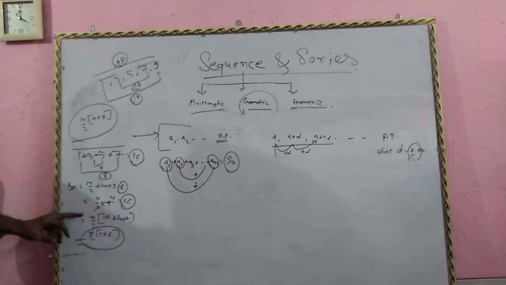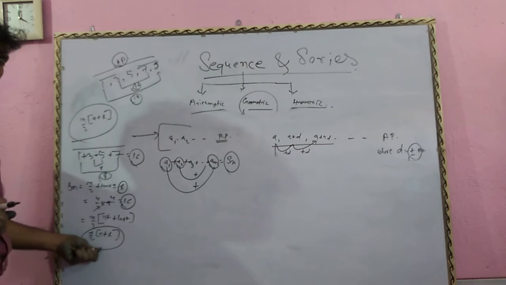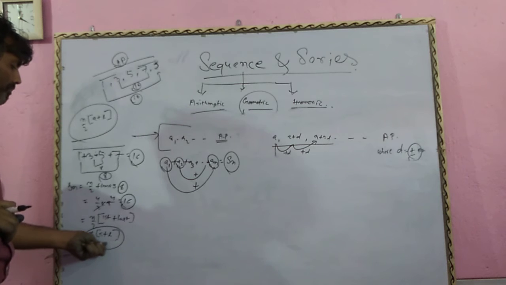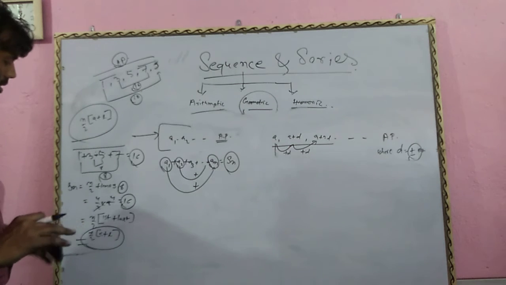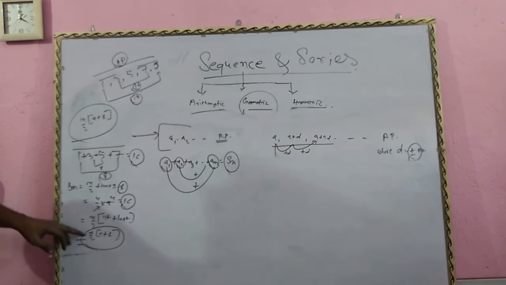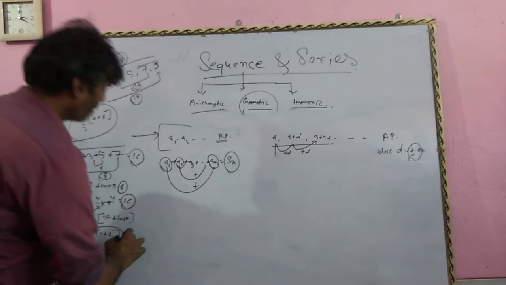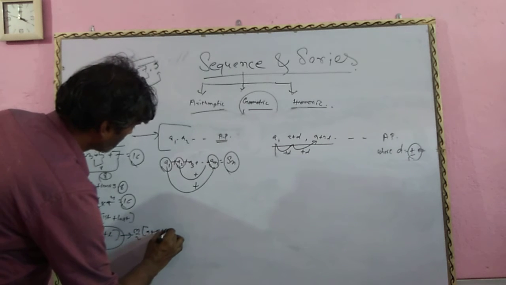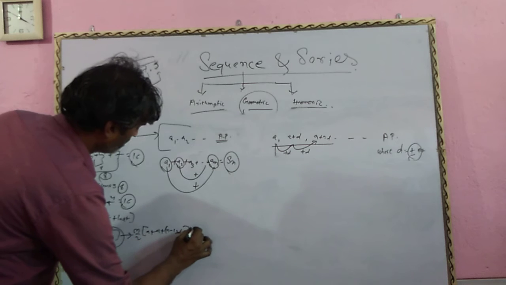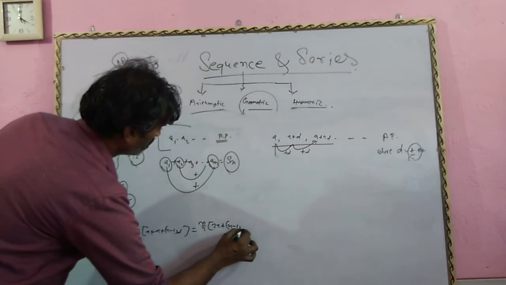Then if you multiply n upon 2 into that same quantity, the summation will come out. So n upon 2 times first term plus last term, and the first term is a and the last term is a plus n minus 1 times b, means n upon 2 times twice a plus n minus 1 into b.